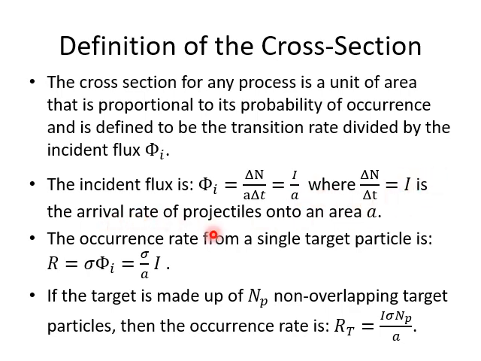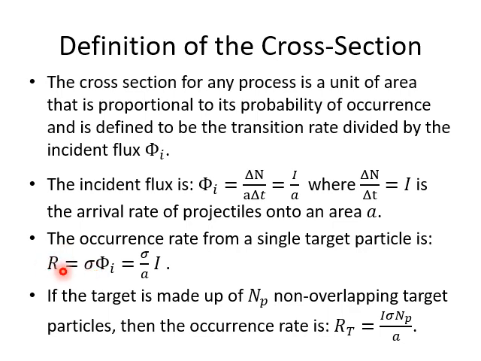And so that I is the arrival rate of projectiles onto the area. The occurrence rate from a single target. So I've got a single target, and then we ask, what's the probability that all that flux of particles is going to result in something happening, let's say a scattering event.